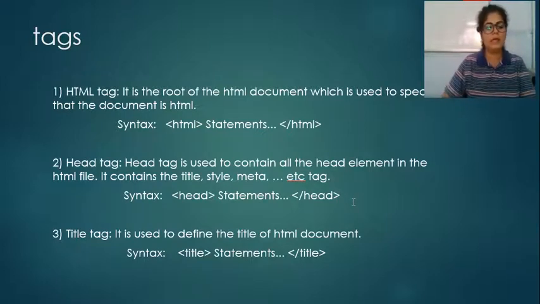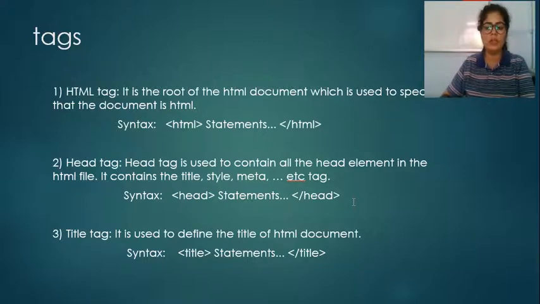Third tag is the title tag. It is used to define the title of the HTML document. Whenever we create an HTML page, it is very important to give a title to that page. Title gives a description regarding the web page, what information the web page contains.